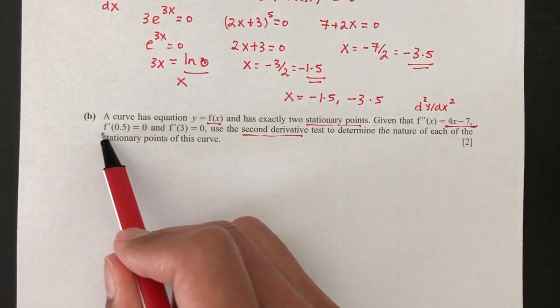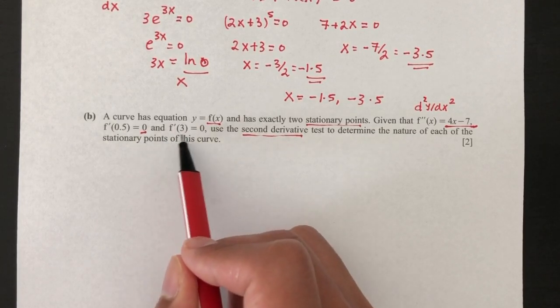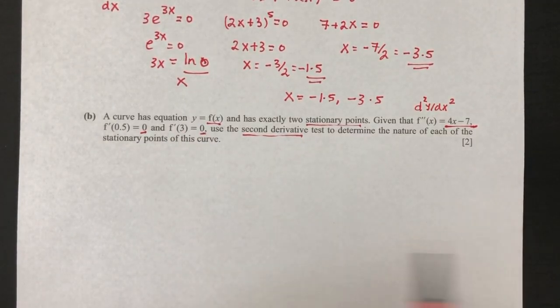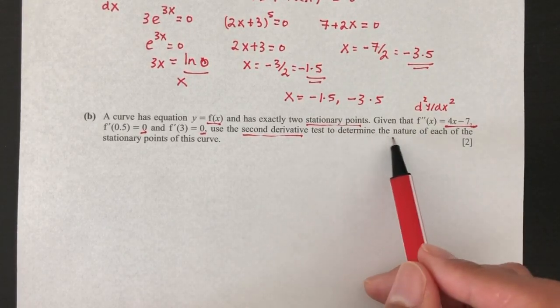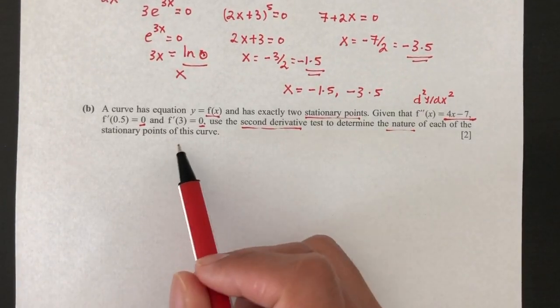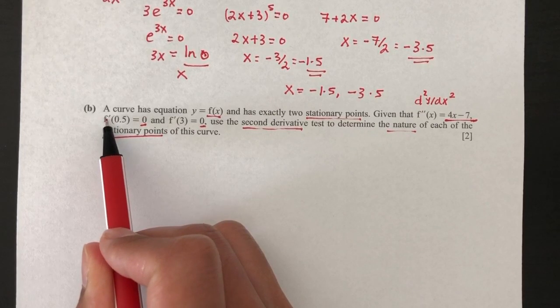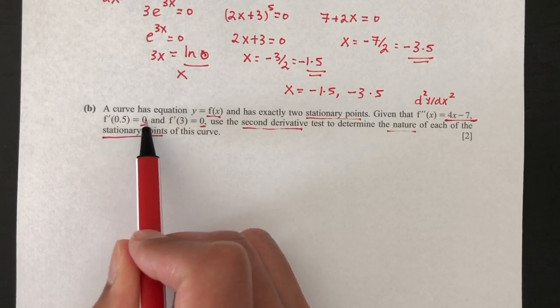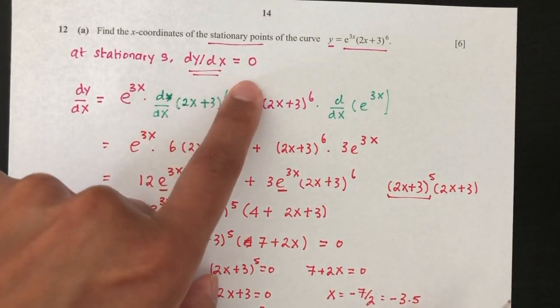Now we have dy by dx of 0.5 equal to 0, dy by dx of 3 equal to 0. Now it says use this test to determine the nature of each of the stationary points. So the points that we have as stationary points are these two, because as you can see, dy by dx of those points equal to 0, and we know that at stationary points dy by dx is 0.